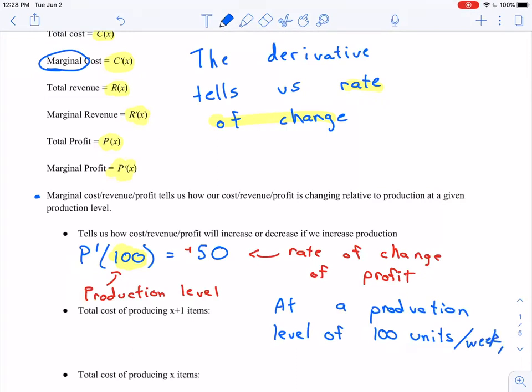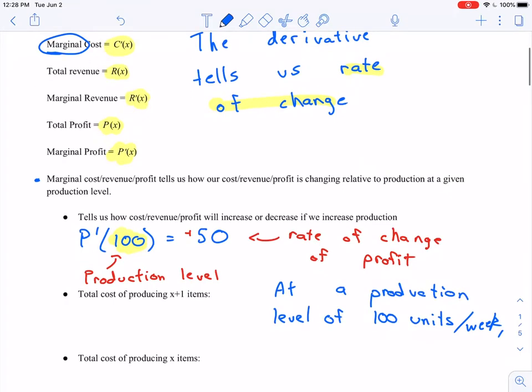In this case, our rate of change is positive, so our profit is increasing. So in this case, we would say profit is increasing by $50 per unit. What that means is if I were to increase my production from, say, 100 to 101, I would see a profit increase of $50 per unit.